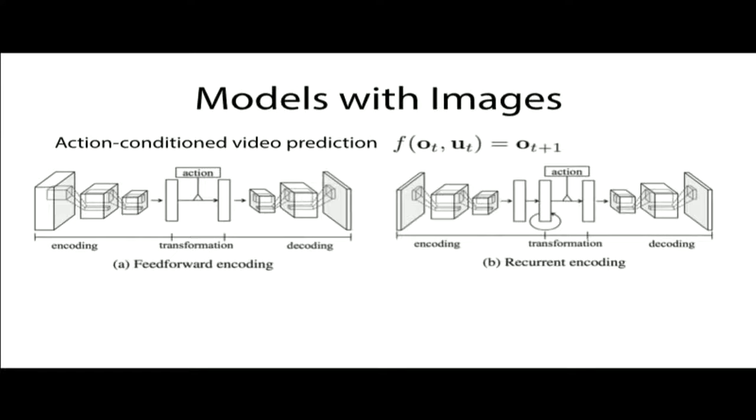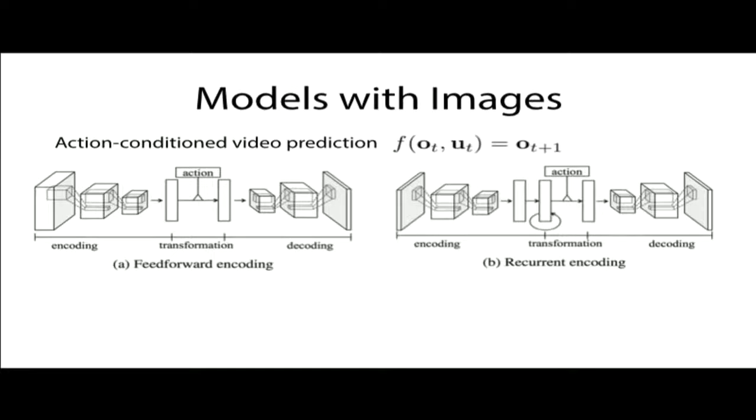The second version of their network is a recurrent encoding. They take an image and map it to, again, some lower dimensional state. It's not as low dimensional as the 2D case, but it's lower dimensional than the image. Then they have an LSTM, or long short-term memory, a type of recurrent network that has a hidden state at the particular time step.